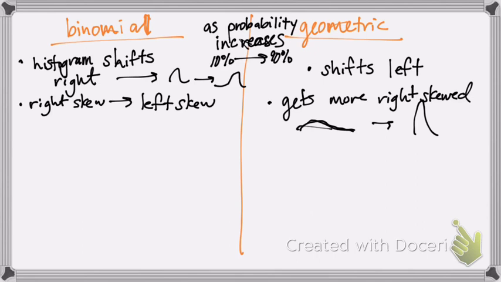Beautiful pictures. Is it always true? Yes. For binomial distributions, the mean increases. For geometric, the mean decreases.